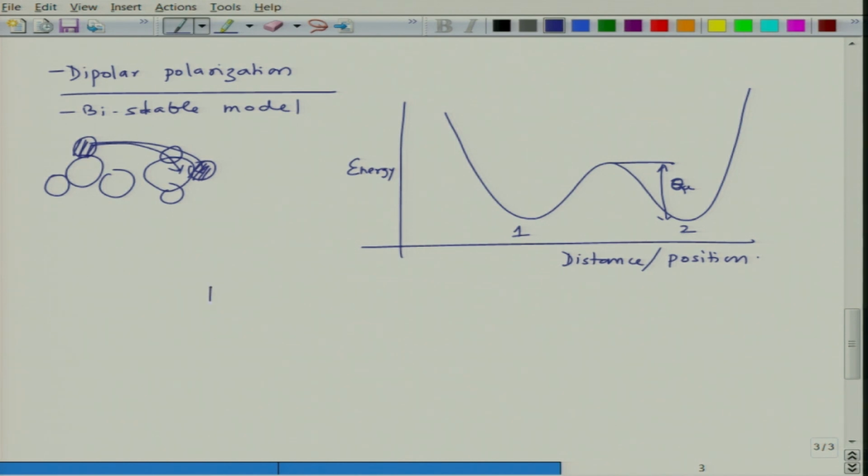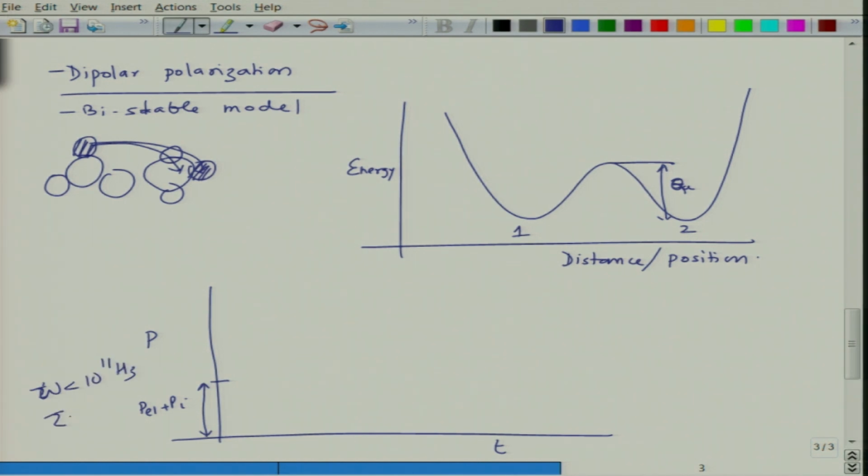When the dipolar relaxation happens, if you plot polarization as a function of time, the evolution of the electronic plus ionic component is almost instantaneous, because it happens at a frequency which is below 10 to the power 11 hertz. So, the time scale is of the order of 10 to the minus 11 second, and this happens extremely fast.